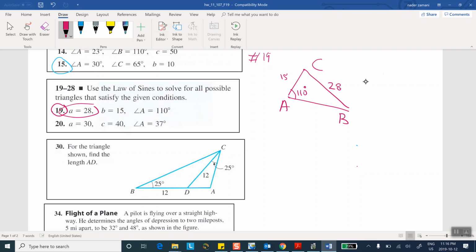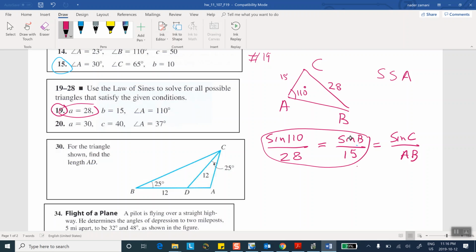All right. This is of the type side side angle. Okay. But it really doesn't matter. So first of all, let's write these things down. So we have sine of A, sine of 110 divided by 28 equal to sine of angle B divided by 15 equal to sine of angle C divided by AB, that we don't know what it is. Okay, good. So let's start with this.